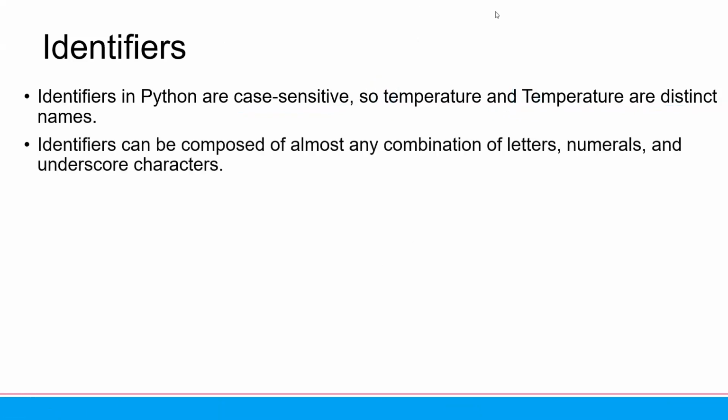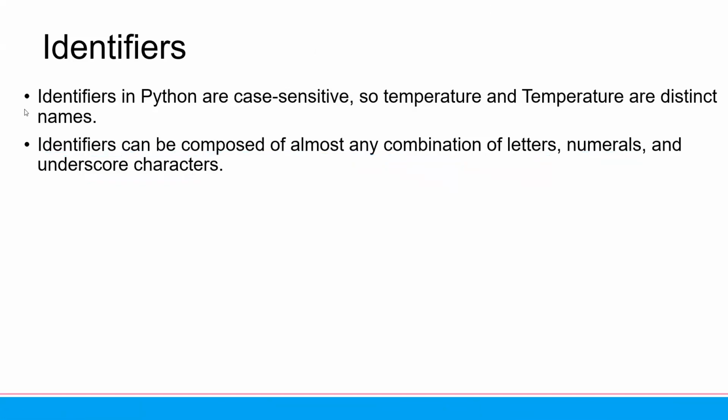The identifiers can be composed of almost any combination of letters. So letters means A, B, C, D, E, F, G until Z. Numerals, you can have numbers, and underscore characters. Underscore means the underbar.